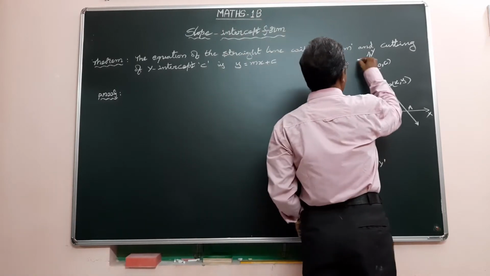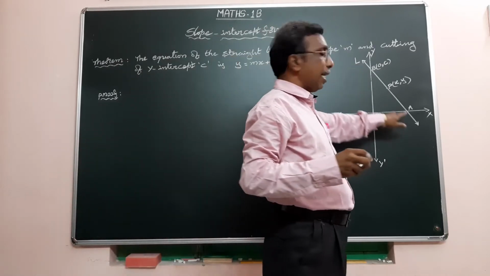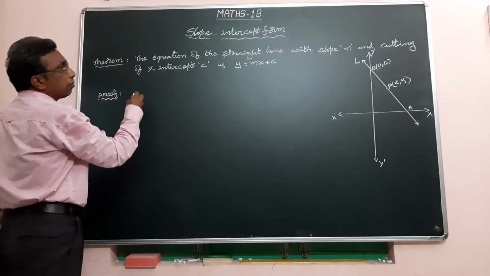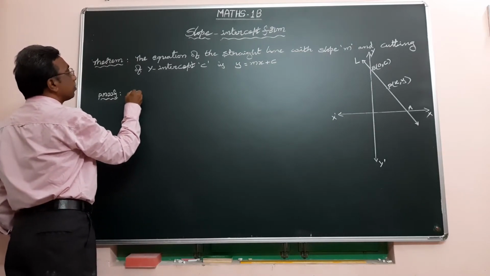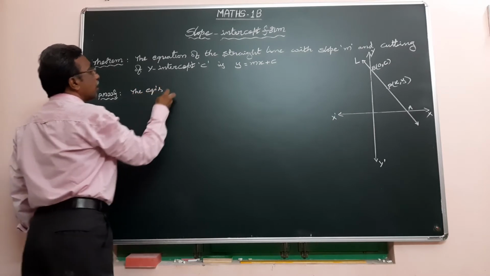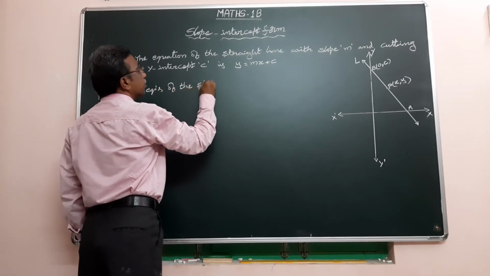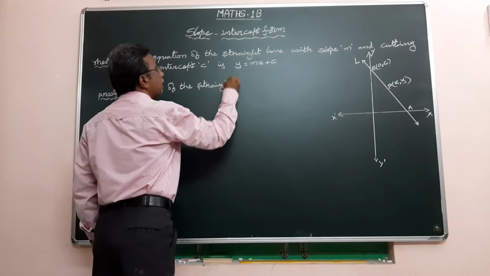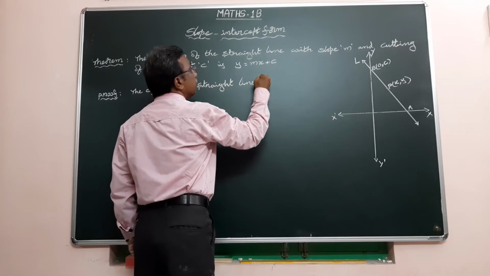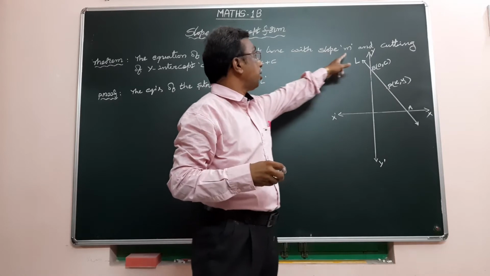Now consider this line to be L. The equation of the straight line L. That line's slope is m.